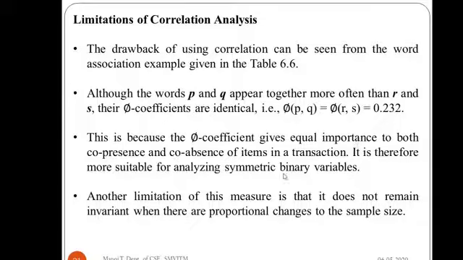Why does it happen like that in the correlation analysis? It is giving equal importance to both co-presence and co-absence of the items in a transaction. It is therefore more suitable for analyzing symmetric binary variables.